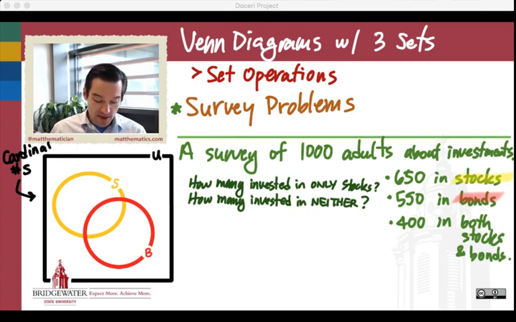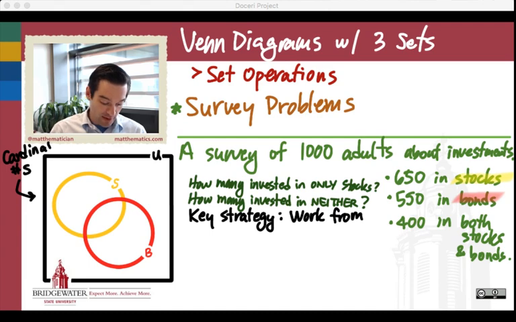So here's the key strategy for assessing survey problems. The key strategy is to begin with the information that involves the most overlapped sets. So work your way out. Work from the overlaps outward.